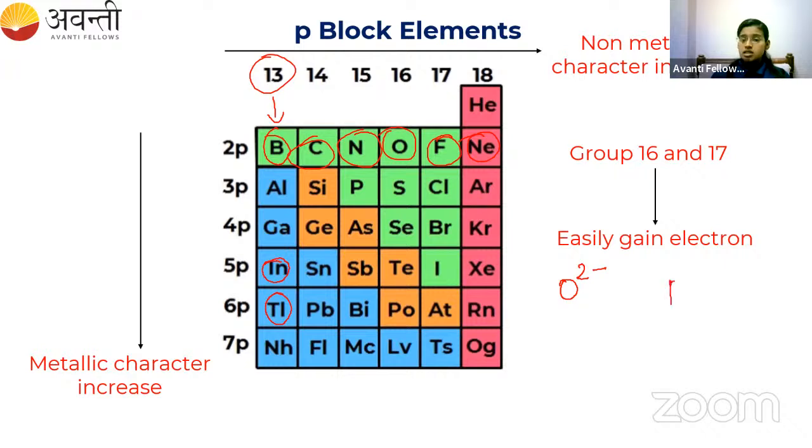And fluorine will gain 1 electron and exist in F minus form. Like this, if an atom gains an electron, it will take a negative charge, and this is more feasible for group 16 and 17 elements, which can easily keep it. Got it? So this is all about the P block.